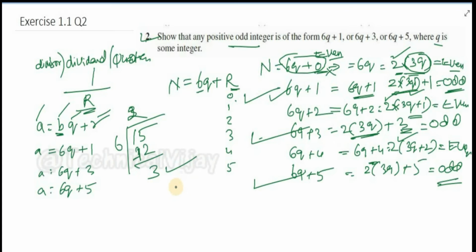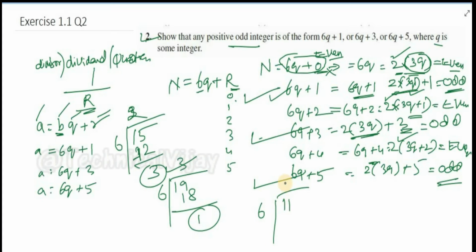You take anything, say 19. 6 3s are 18. So the remainder will be 1. You take 11, anything. 6 1s are 6, remainder 5. See, 1, 3, 5. You take any number, it will always be in the form of 6q plus 1, 6q plus 3 or 6q plus 5.